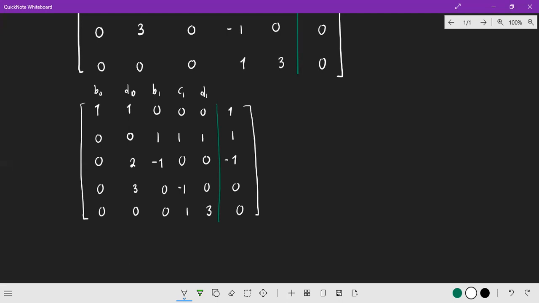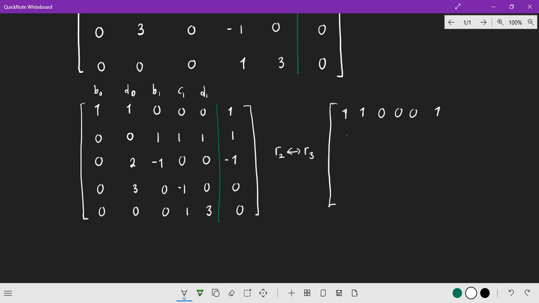So I can interchange row 2 and row 3. Because if I interchange these two, this comes and sits here, so it becomes a pivot. Okay, so I'll do the row interchange. So I'll say row 2 interchanging with row 3. Okay, so this is the row interchange I performed. So I have 1, 1, 0, 0, 0, 1.